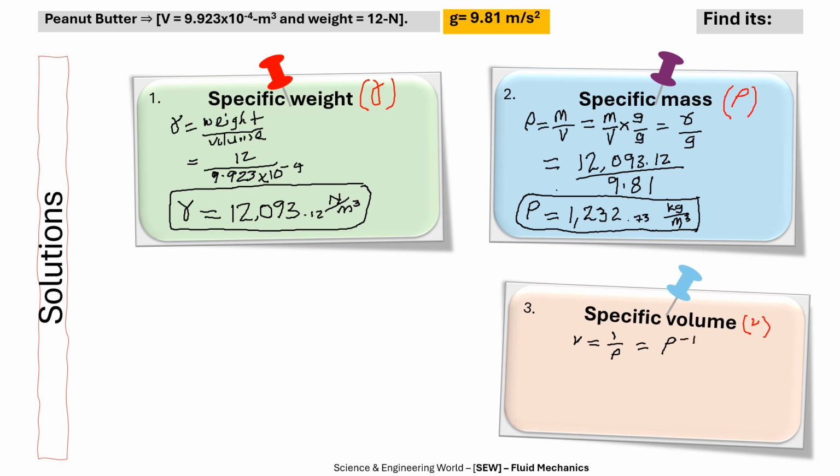So in this case, we can now say that specific volume is 1 over 1,232.73.